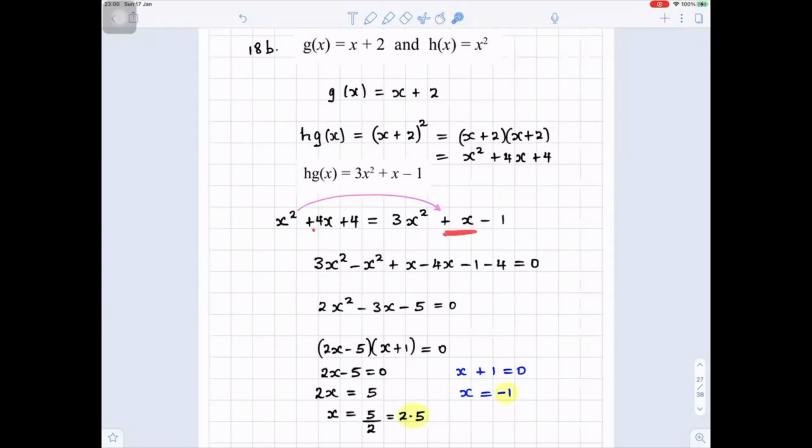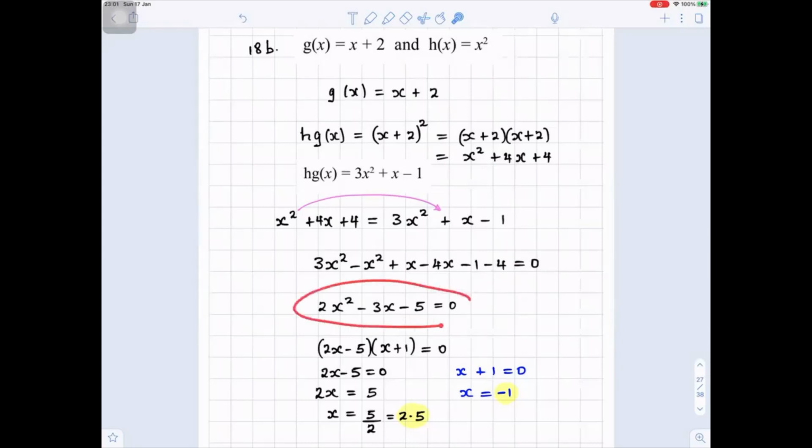And I'll take this 4x to that side, it will become minus 4x. And I'll take the plus 4 to the right, it becomes minus 4. So one of the sides is 0. So 3x squared minus x squared is 2x squared. X minus 4x is minus 3x. Minus 1 minus 4 is minus 5.